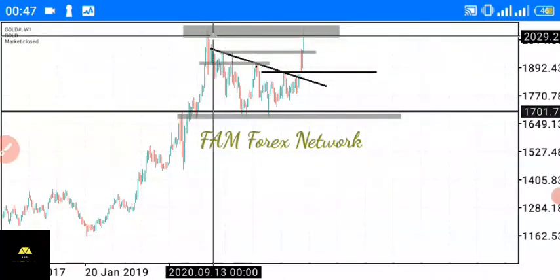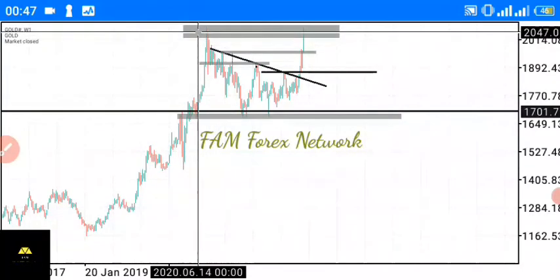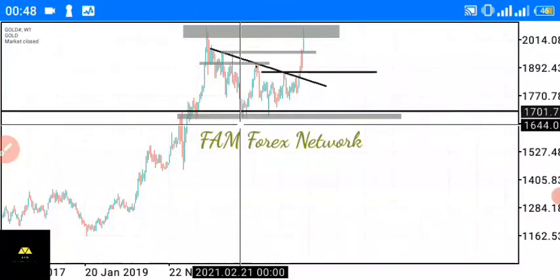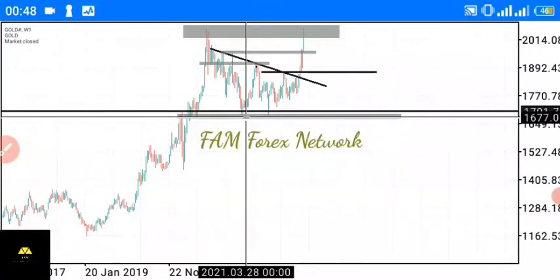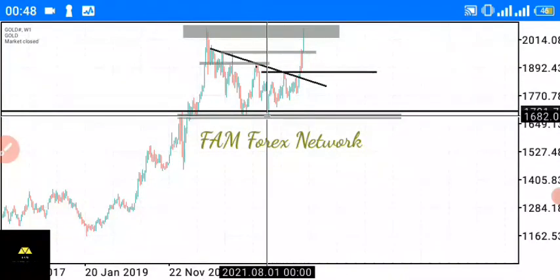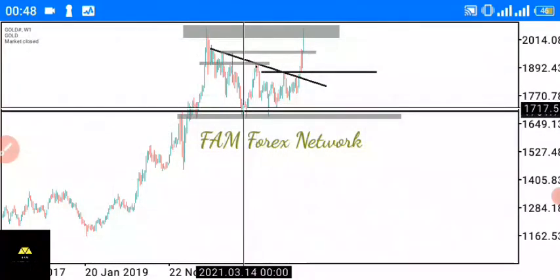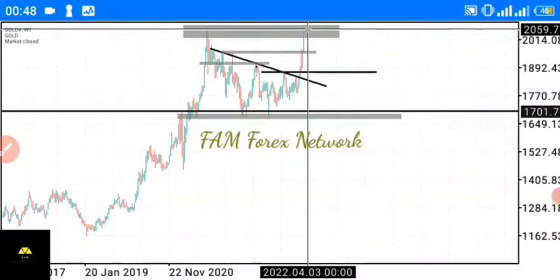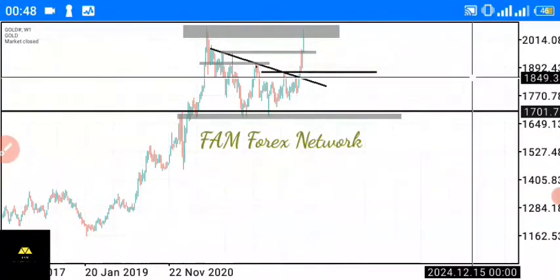It went up, tested this resistance, rejected it, came down, and tested the same support, whereby it rejected it in 2020. That was the last two years, and now it came back, rallied down, came back, tested this place, rejected the price, created some liquidity, and boom, we see a pull up to this side.